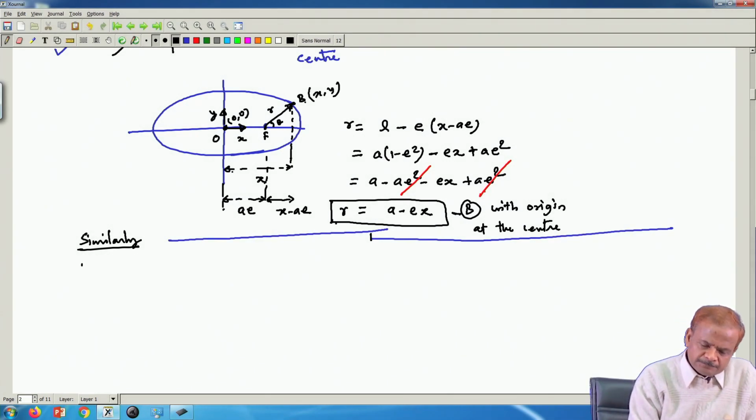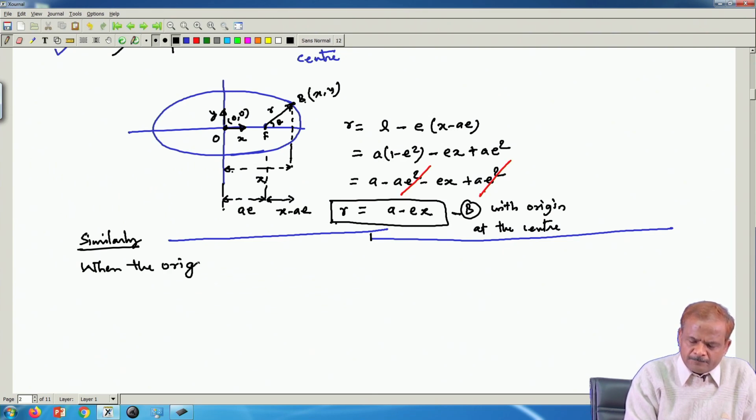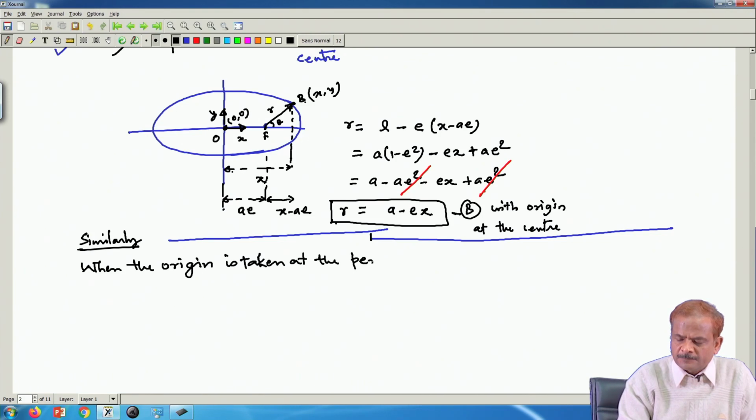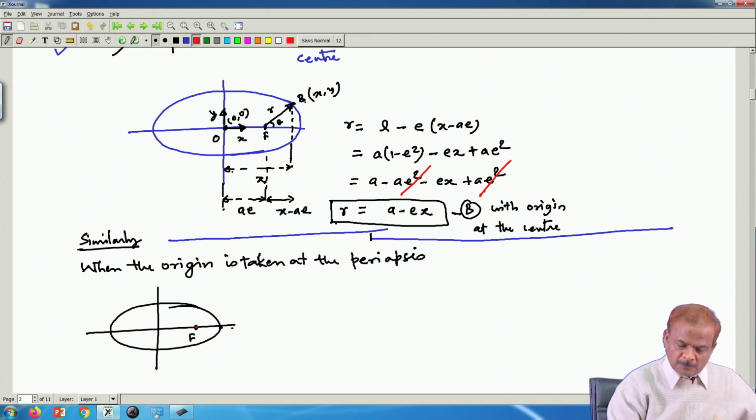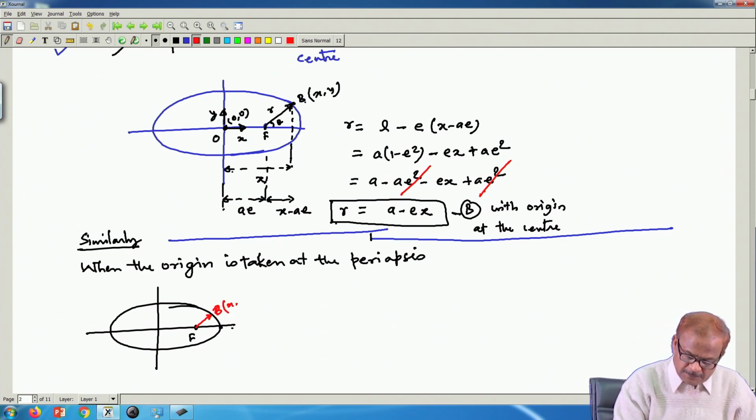So, similarly, when the origin is taken at the periapsis. So, in this figure, this is your focus, r is the distance to the point B (x, y), always the coordinate will be written in terms of x and y.